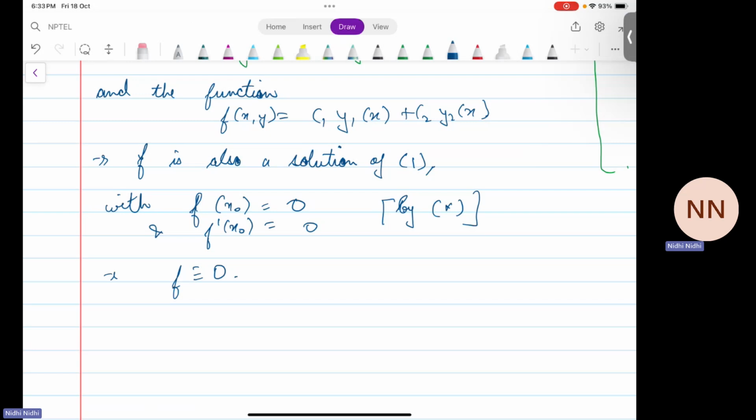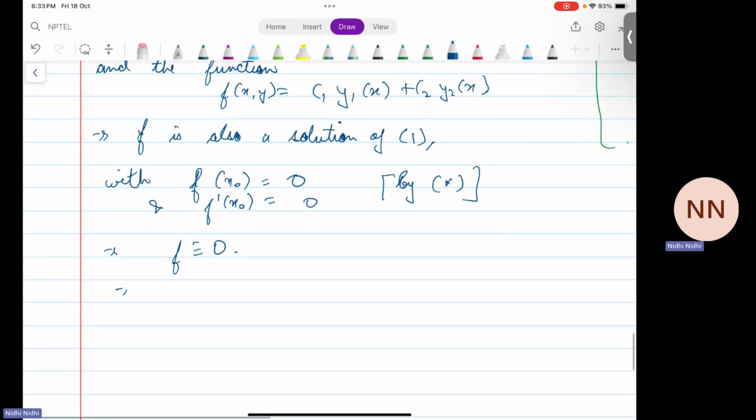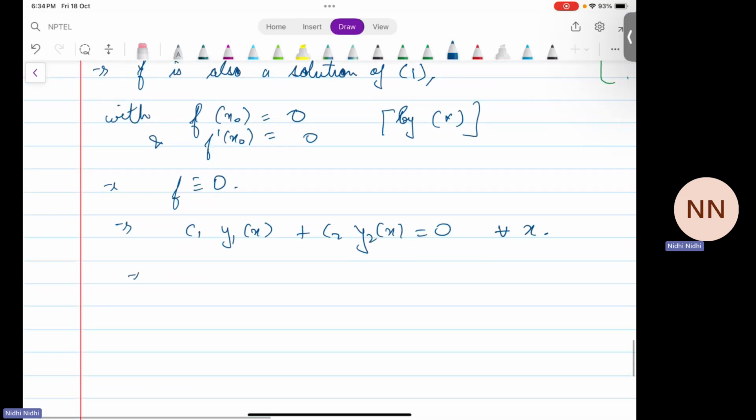Now if f is 0, this gives us c1 y1 x plus c2 y2 x is 0 for every x. That means y1 and y2 are linearly dependent.